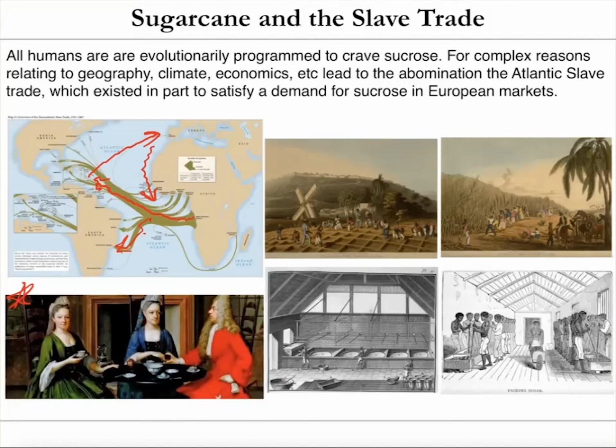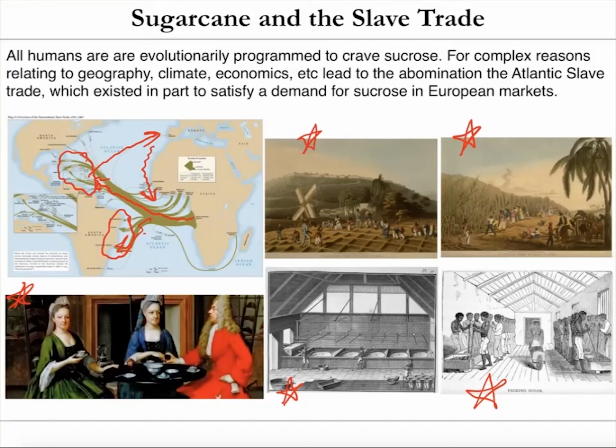The cultivation, refinement and production of sugar is a very, very labor intensive and complex process. You need to plant sugarcane, cultivate it, refine it, and then pack it, of course, for foreign markets. This is incredibly labor intensive, and sugarcane grows best in very tropical climates. So not only are these sweltering hot conditions in which to do this really labor intensive work, but there were also more diseases that Europeans basically had either no immunity to or a high susceptibility to.